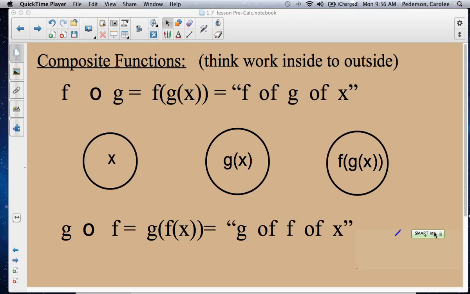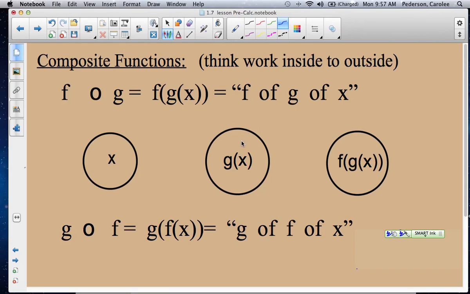Visualizing it, you first start with the innermost parentheses, the x, and you evaluate to the g of x. Then you take what you found in g of x when you evaluated it and go into your f function.